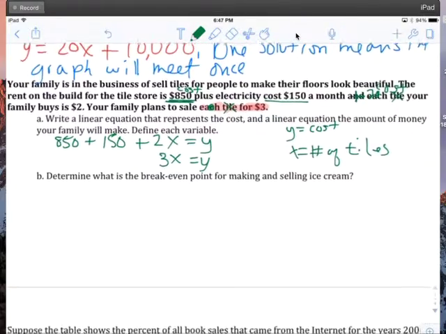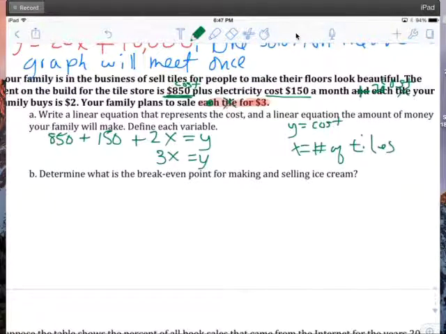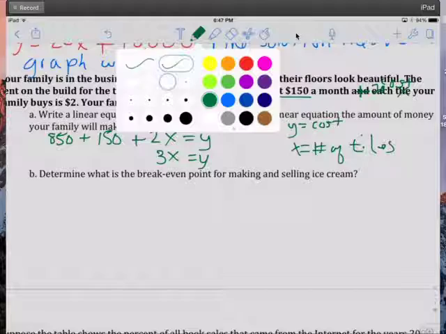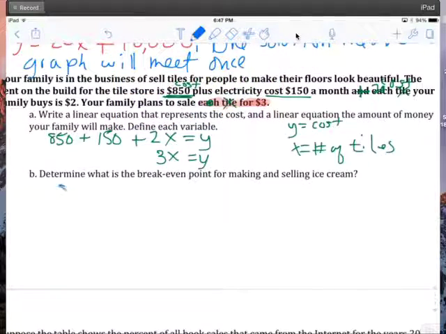Determine what is the break-even point for making and selling tiles. Okay, the break-even point is $850 plus $150 plus 2x equals 3x. I use substitution instead of a table.